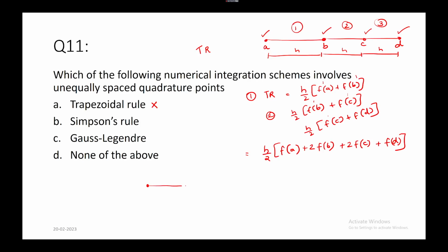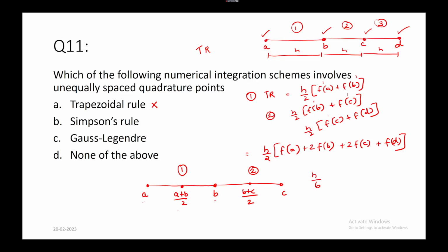In Simpson's rule, for one element you take A and B, and the third point is at the midpoint, A plus B by 2. So this is one element. For the second element, you have C, and the midpoint will be B plus C by 2. For this element, one term occurs one time, another occurs one time, and the midpoint occurs 4 times.